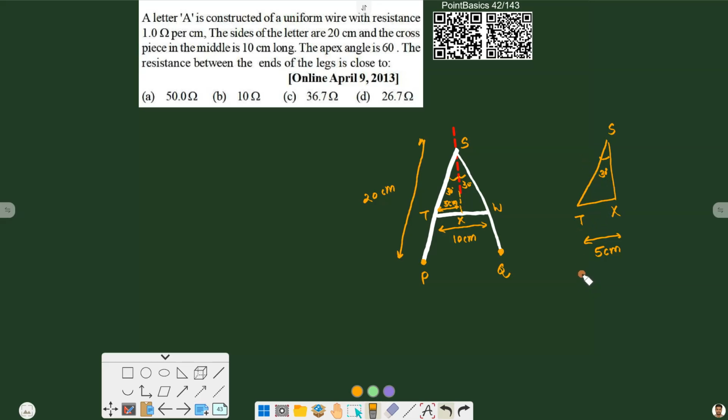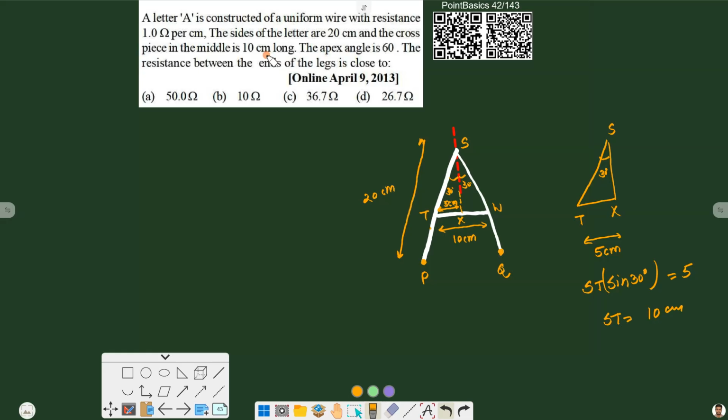So ST, that is the hypotenuse, times sine 30 is equal to TX, and TX is equal to 5, and sine 30 is half. So ST is equal to 5 into 2, that is 10 centimeter. So this is 10 centimeter, this is 10 centimeter, this is 10 centimeter, and this is also 10 centimeter, and this is also 10 centimeter.